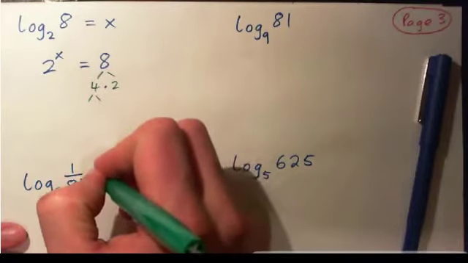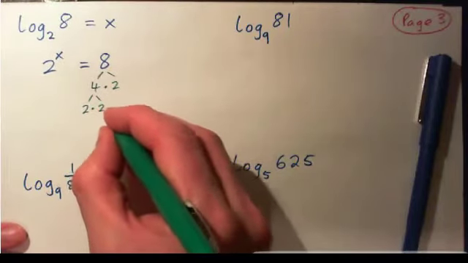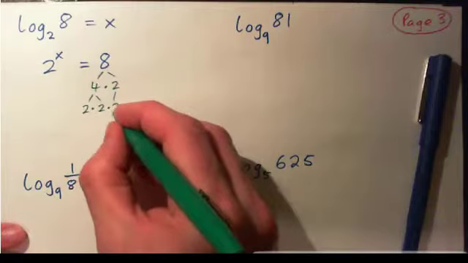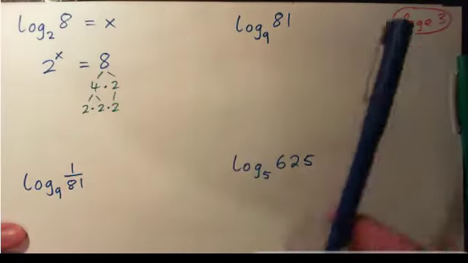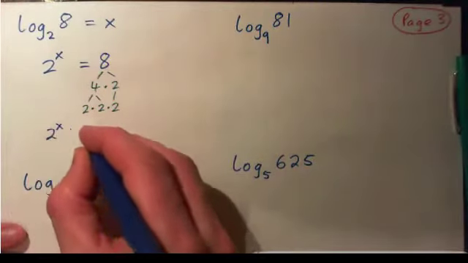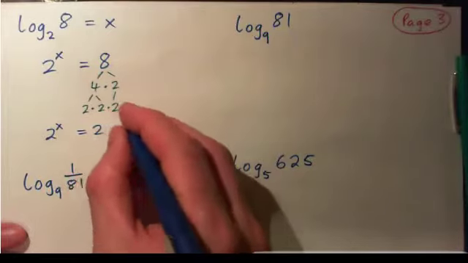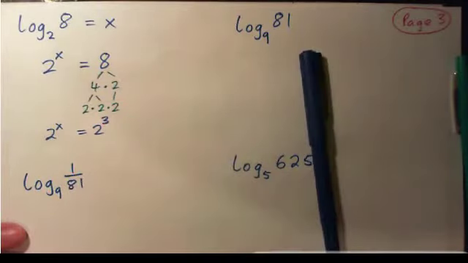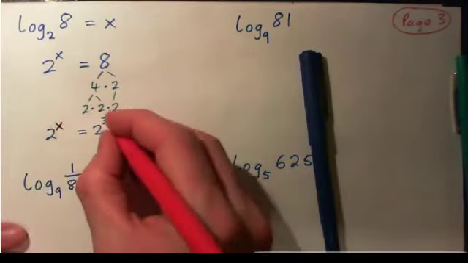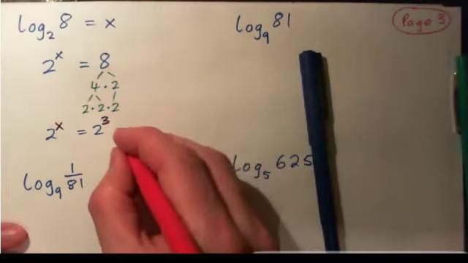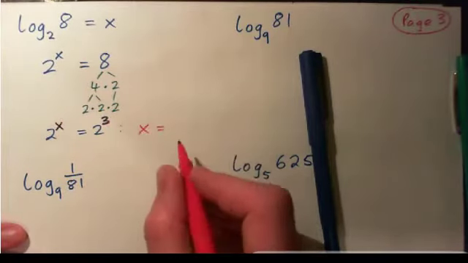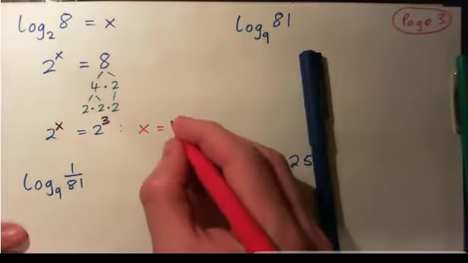And 4 is 2 times 2. So this whole thing is 2 times 2 times 2. So we have 2 to the power of x equals 2 times 2 times 2, or 2 to the power of 3. And so what's the answer? X has to be equal to 3, right?